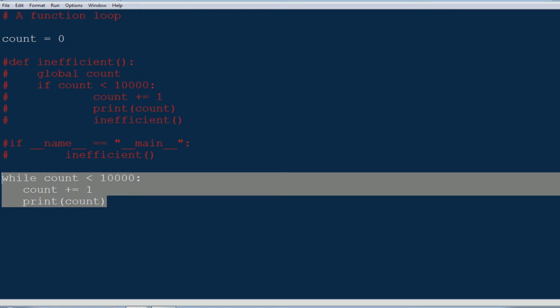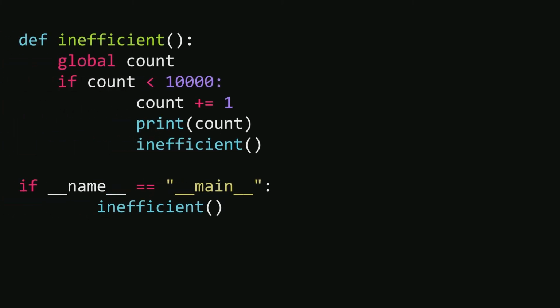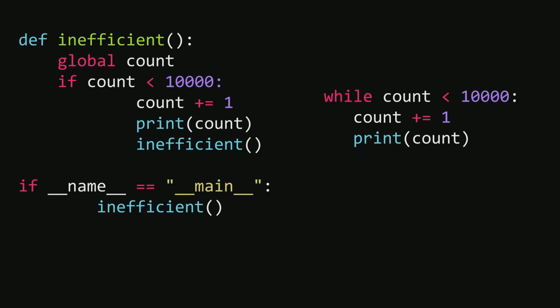If you are wondering what this code is all about, then let me explain. We are making a variable, naming it count, and assigning the value 0 to it.